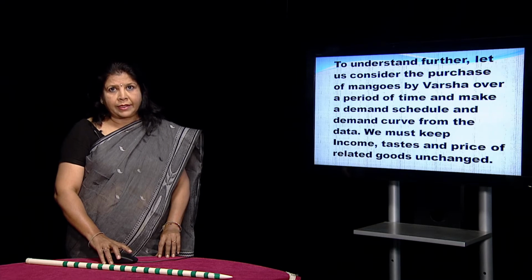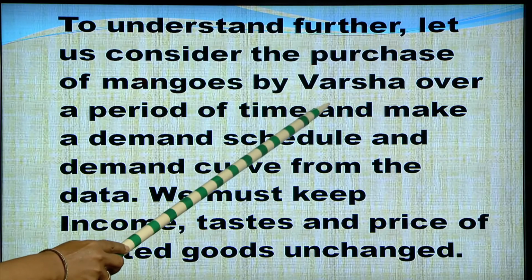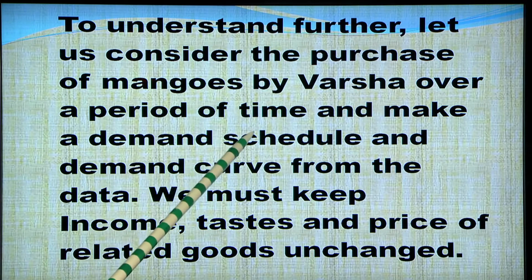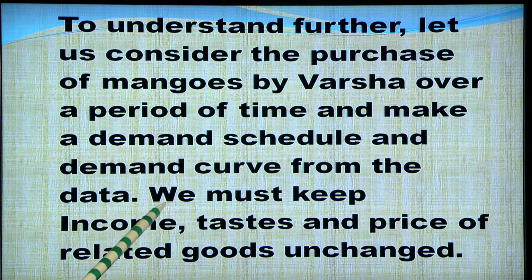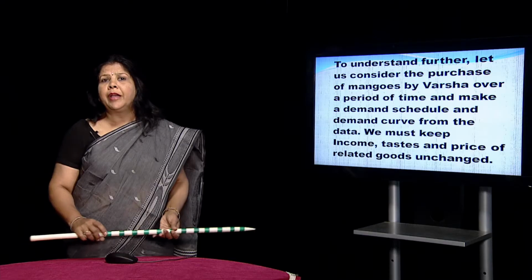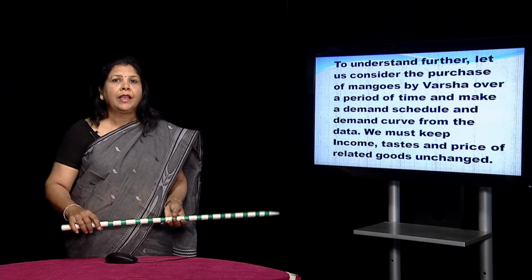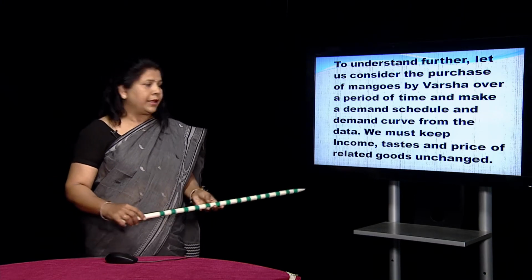Let us now consider the purchase of mangoes by a consumer named Varsha over a period of time and make a demand schedule and a demand curve from the data we collect from the market. I am sure many of you have done some projects in economics or have been asked to do these projects, and this is one such activity you can take up.